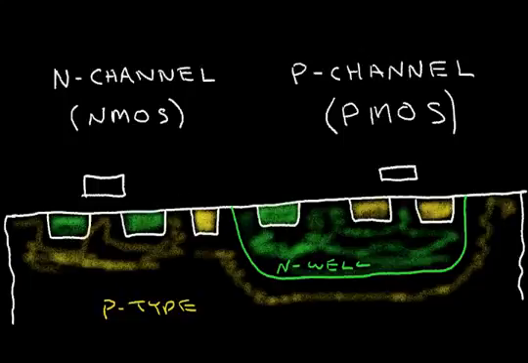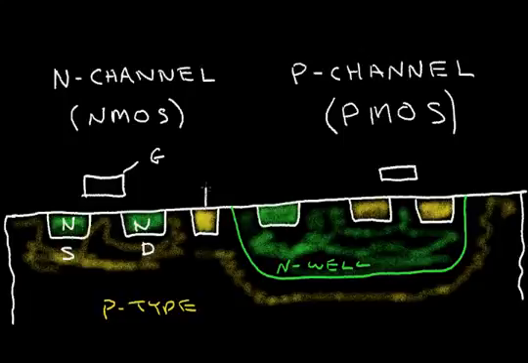So let's add some names to these terminals. This would be called the gate terminal. This N region and this N region are the source and drain, and they're interchangeable. The structure is the same. I'll call this the source, and this diffusion the drain.